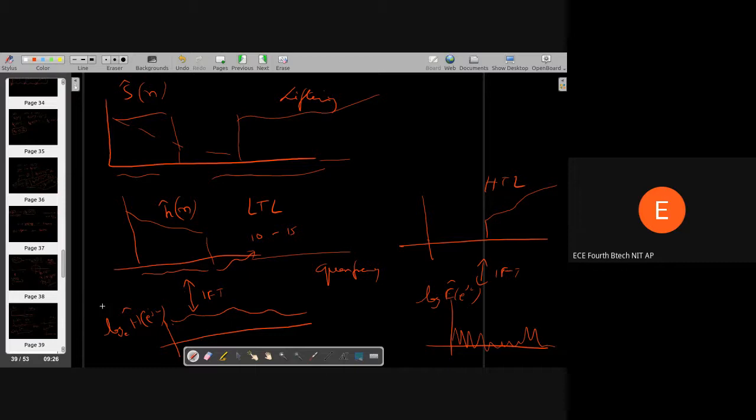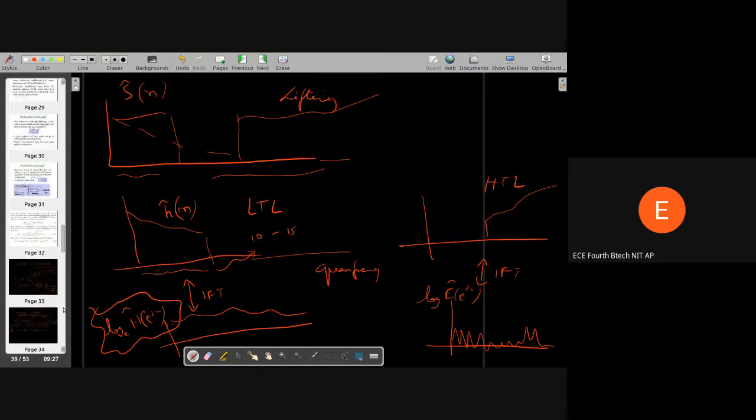This is particularly important, and there are methods devised based on this low time lifted Cepstrum and high time lifted Cepstrum to determine the formants, the vocal resonances, and the period or fundamental period of the speech signal. But this is, in a nutshell, what today's class is about.